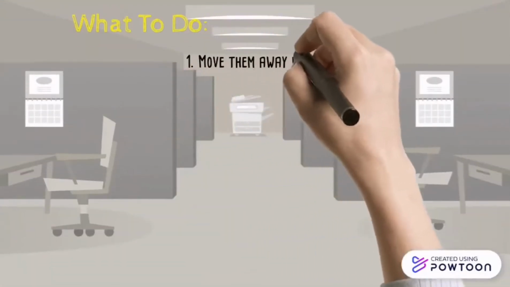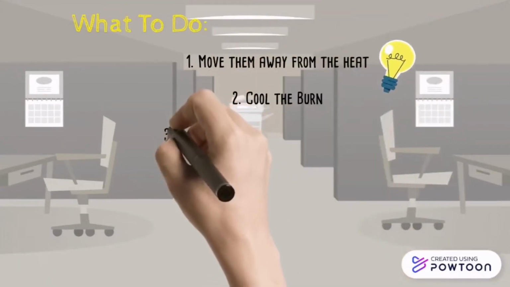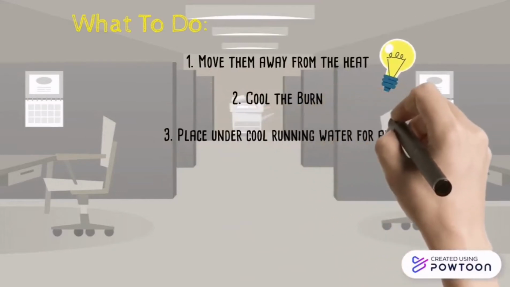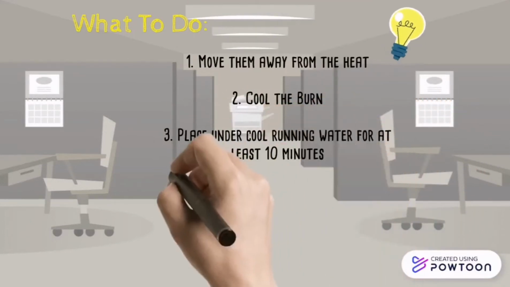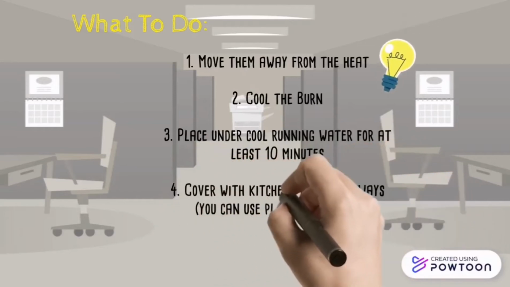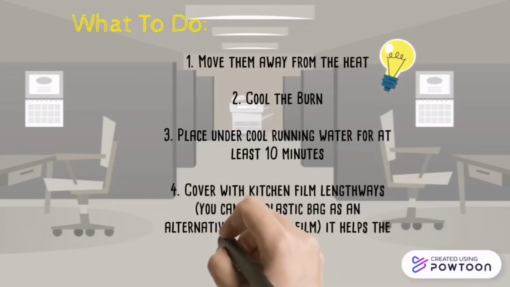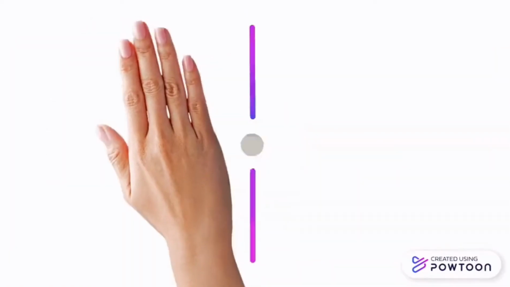And these are the things you need to do. Move them away from the heat, cool the burn, place it under running water for at least 10 minutes. And lastly, cover with lightweight kitchen film. You can use a plastic bag as an alternative to kitchen film.